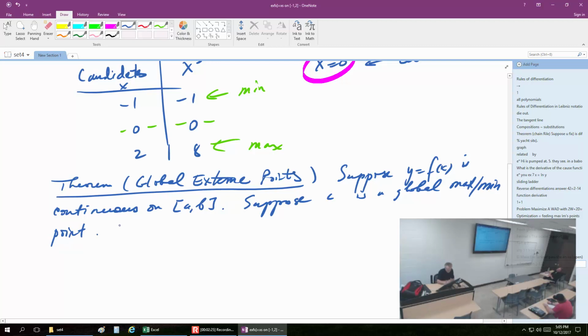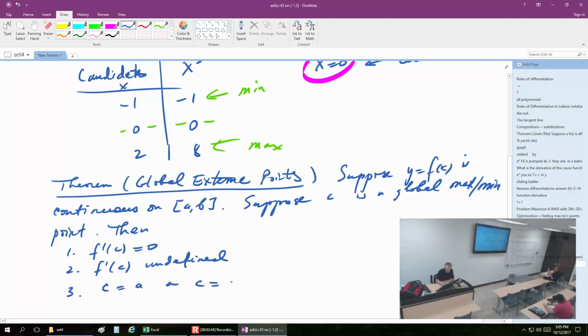Well, there are pretty much three possibilities. The first, f prime of c is 0. Number 2, f prime of c is undefined. And number 3, c is equal to a or c is equal to b. Okay?